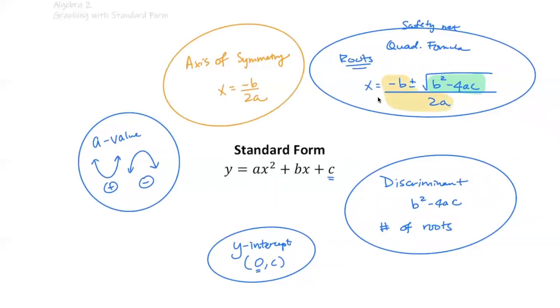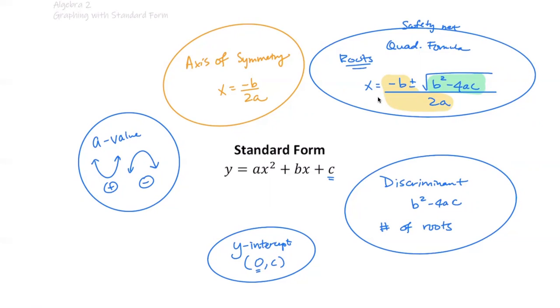So if you know your quadratic formula, you know a total of three things. You can tell the axis of symmetry by negative b over 2a. You know the number of roots by looking at b squared minus 4ac. And you can know the roots by just doing the quadratic formula. And of course, make sure you did what you're supposed to do for the past few lessons, that you know how to simplify it.